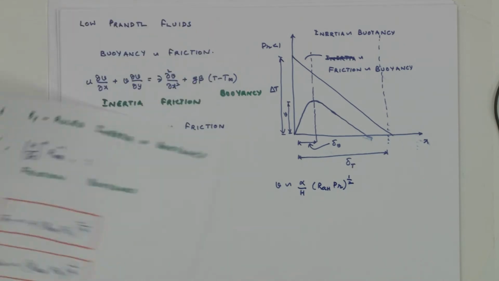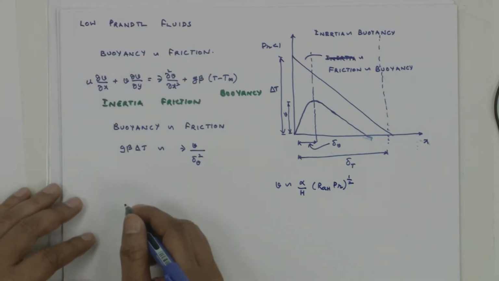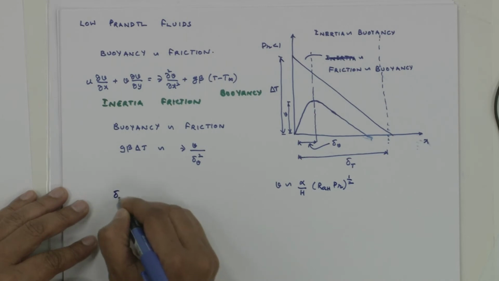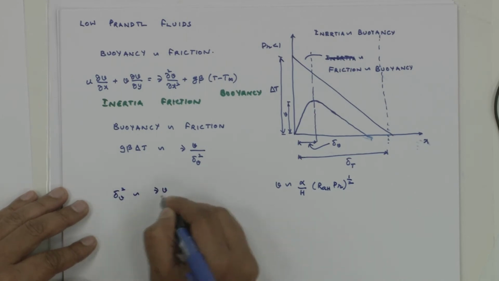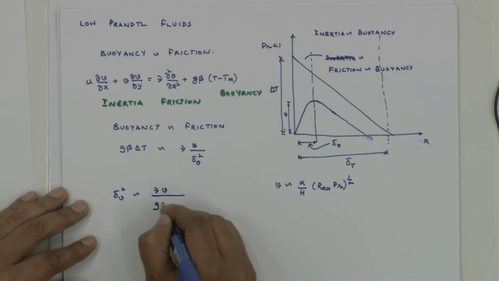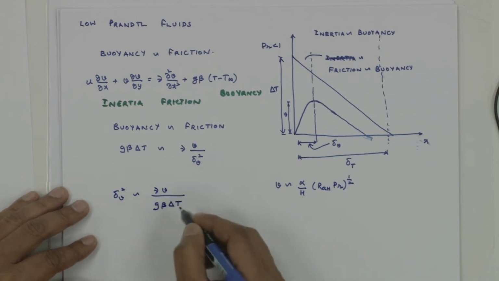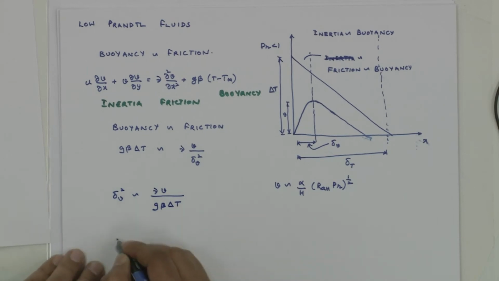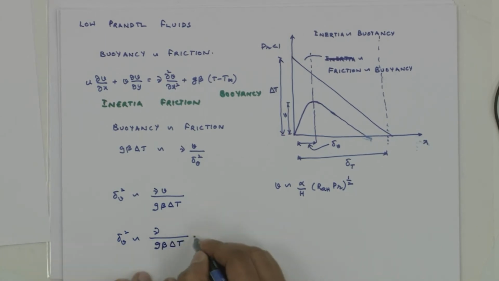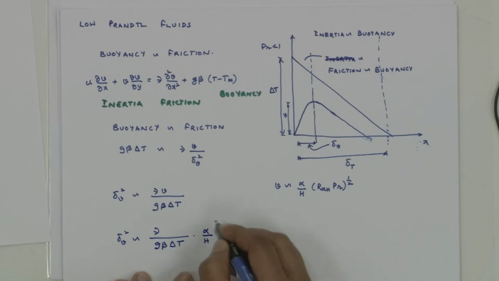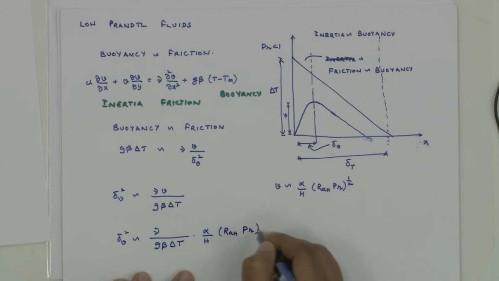Okay, so if I substitute this, delta v squared is of the order of nu v by g beta delta T. I have not substituted v yet. If I substitute v, delta v squared is nu upon g beta delta T, v is alpha by h Rayleigh into Prandtl to the power of half.